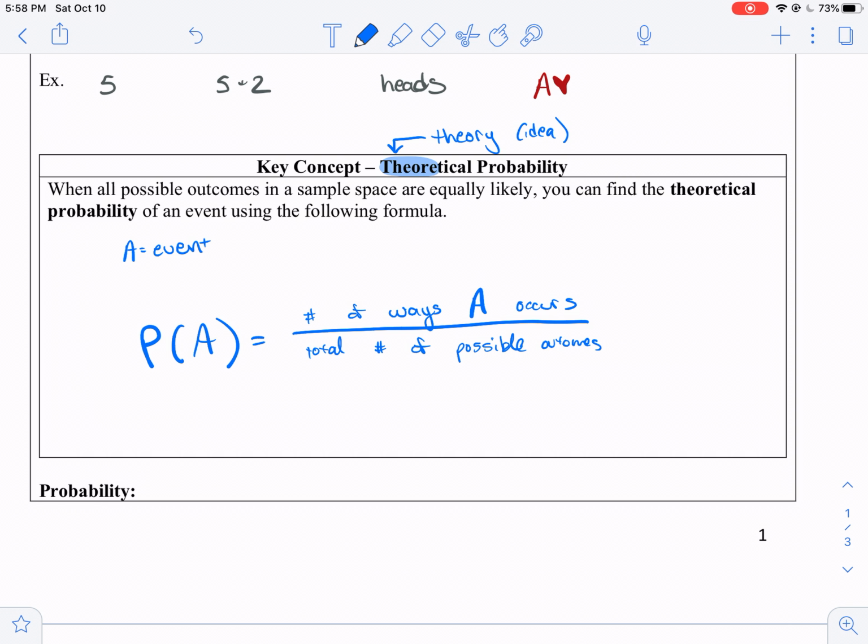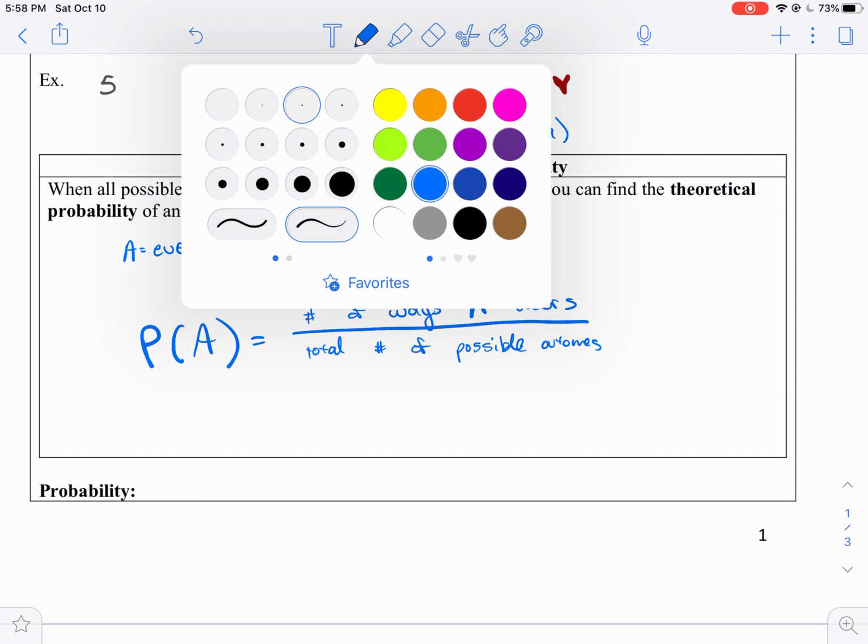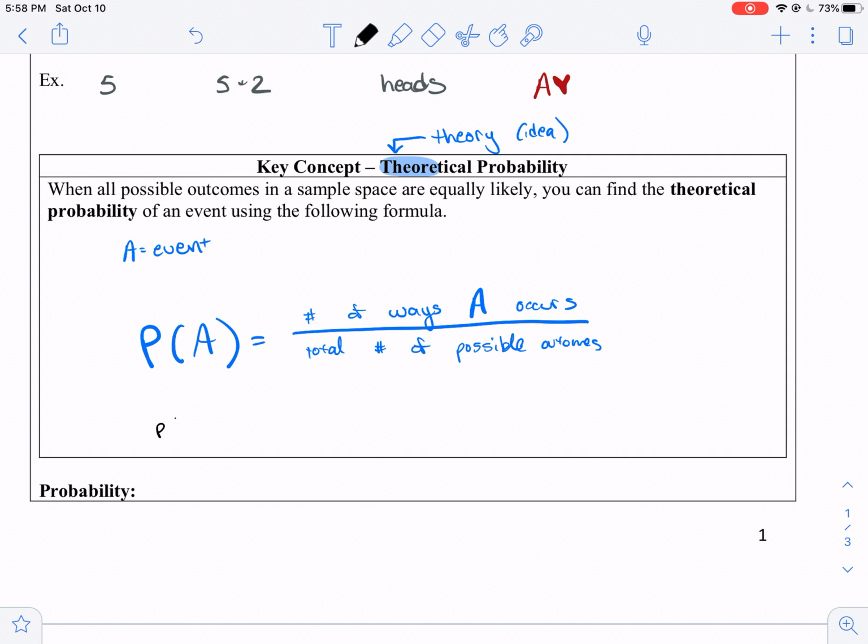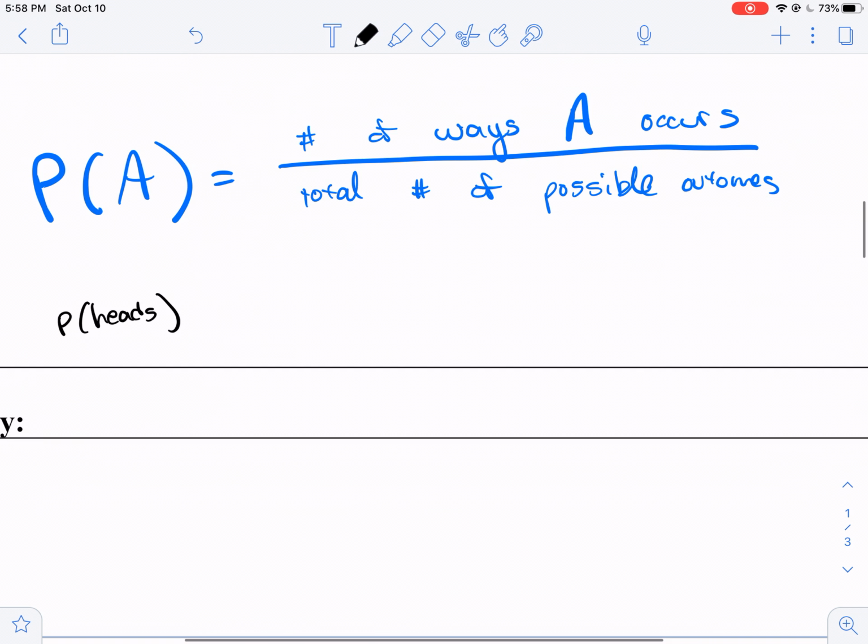For example, if I want to find the probability of flipping a coin and getting heads, well, there's only one way to flip and get heads. And then finally, the total number of possible outcomes, you either get heads or tails, so the probability is 1/2.